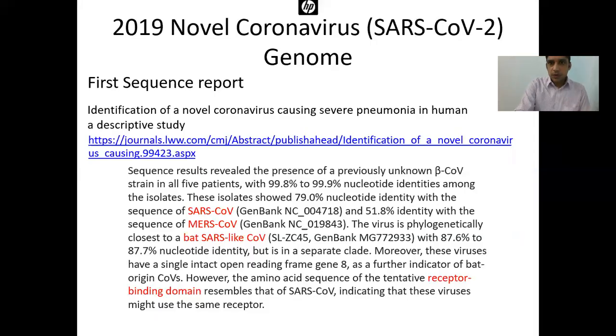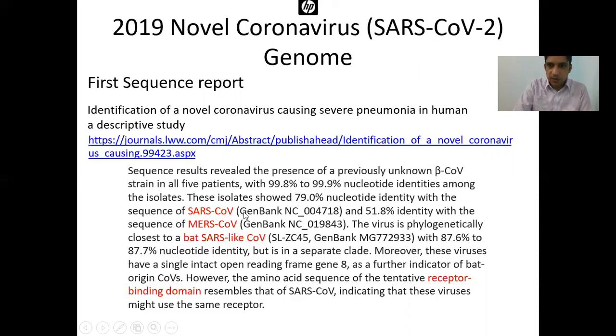So first, when the Chinese scientists discovered that this is a new thing, not very similar to the other viruses, they named it the novel coronavirus, or SARS-CoV-2, because most of the genome is similar to the SARS virus, but it is different. So you need to go to that link to find that paper and try to study it.